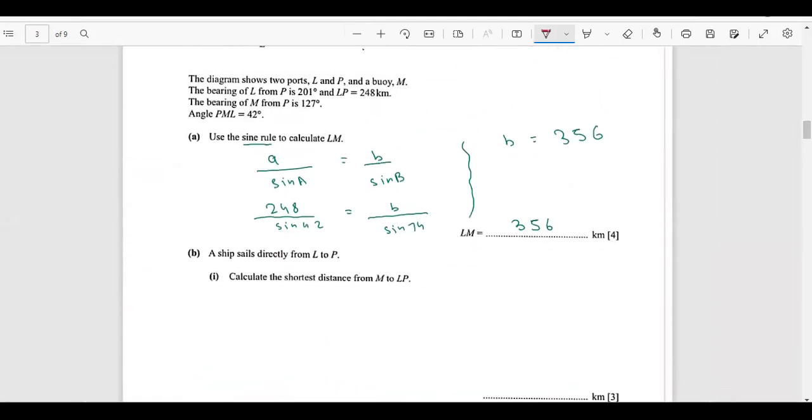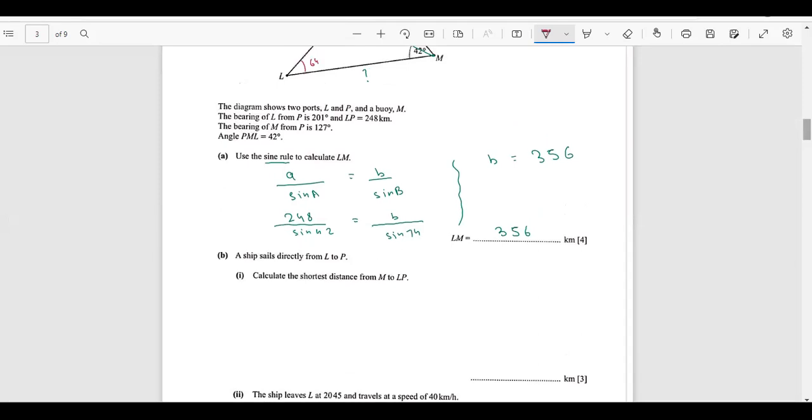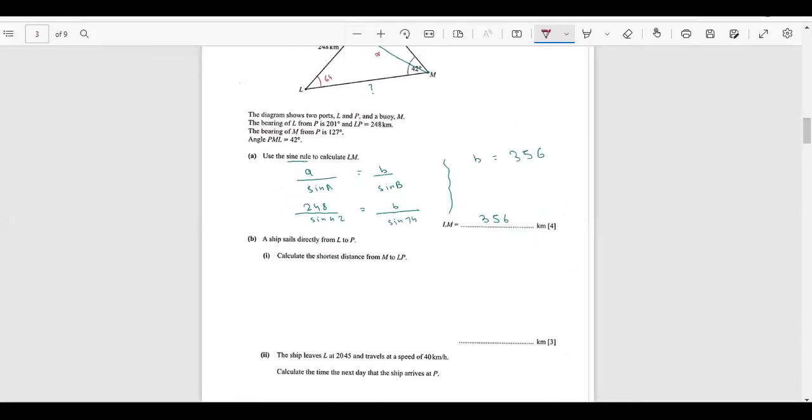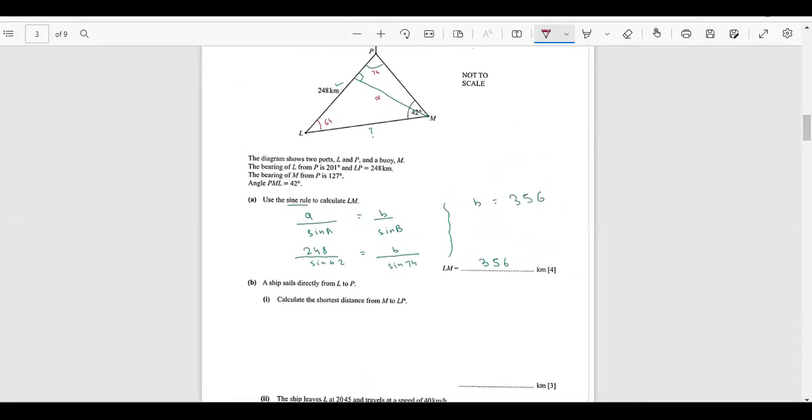All right, here it is. Again, for finding out PM, I will write it down as PM divided by sine 64 equals 248 divided by sine 42. Now this is basically going to give me PM, and you can just cross multiply and simplify this.